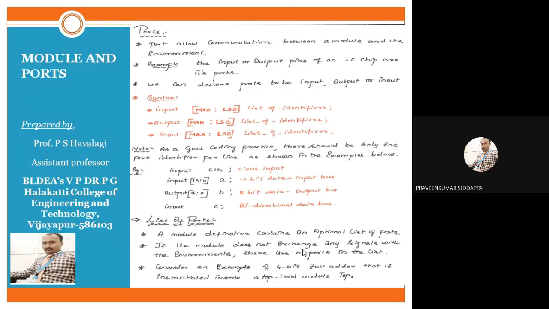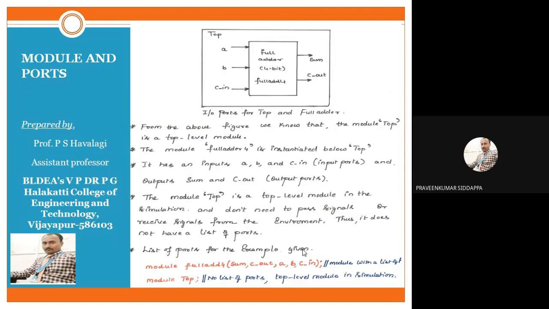Definition: a model definition contains an optional list of ports. If the model does not exchange any signals with the environment, there are no ports in the list. Consider an example of a 4-bit full adder that is instantiated inside a top-level model, top. With the theoretical concept we have written, we have drawn the block diagram.